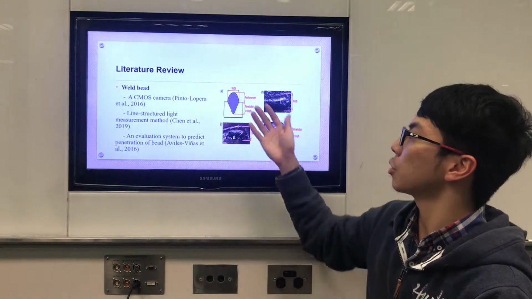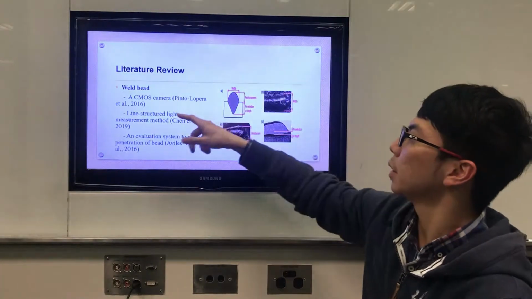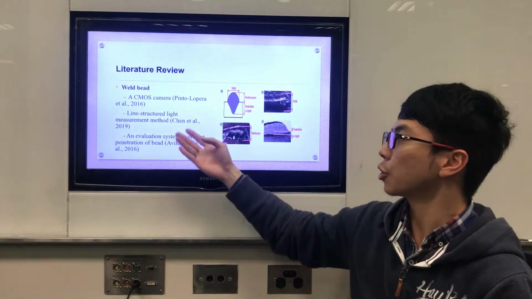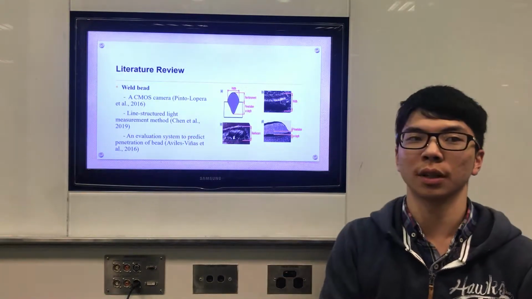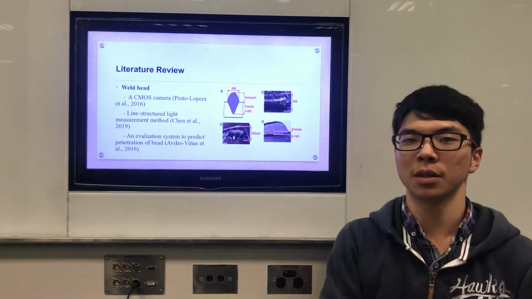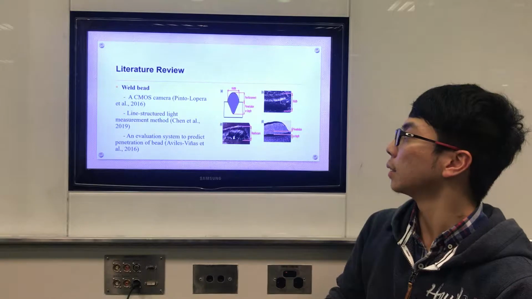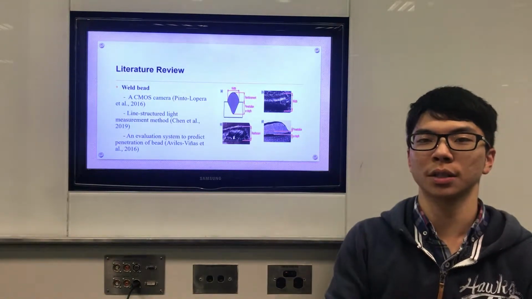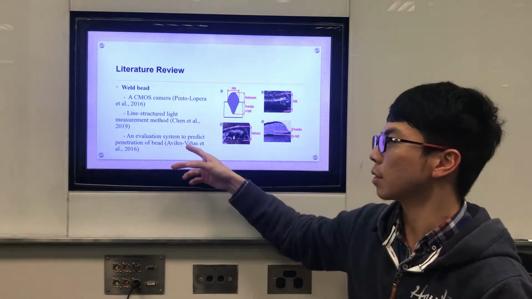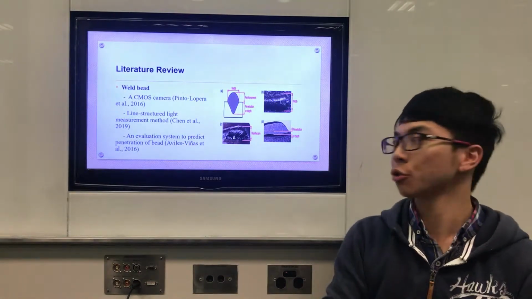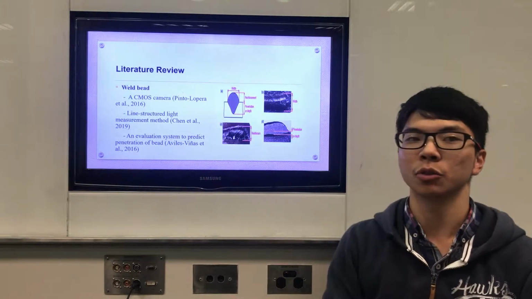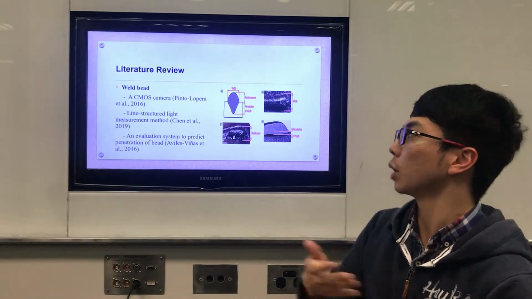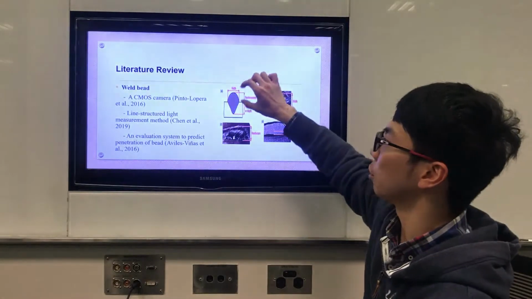To measure the width and the reinforcement, Pinto used a CMOS camera, and Chen used a line-structured light measurement method. However, because the penetration cannot be measured directly, Evelus developed an evaluation system to predict the penetration of the bead according to the information about the width and reinforcement.